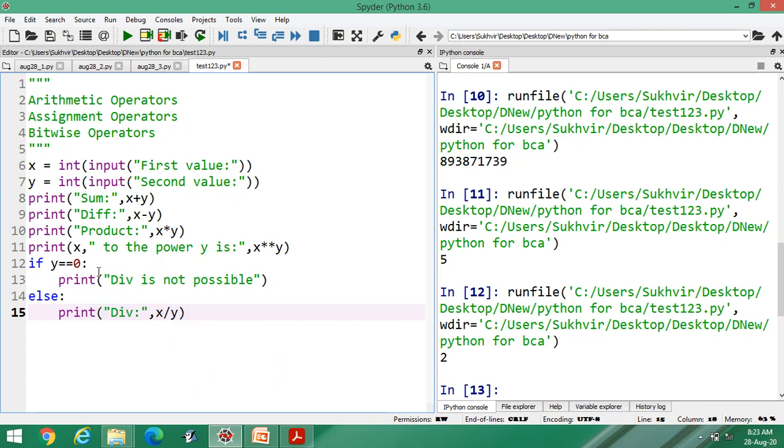You can place round also here, comma 3, then bracket close.